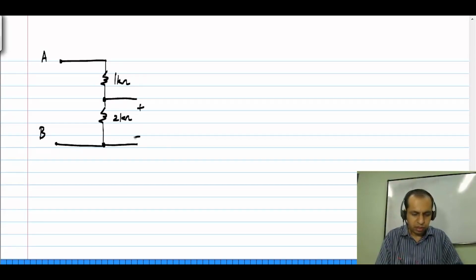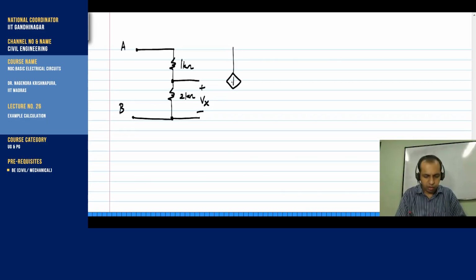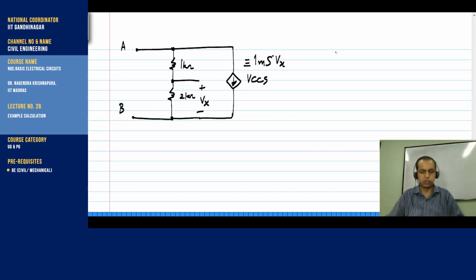Let me define this voltage as Vx, and I'll define a voltage controlled current source, which is 1 millisiemens times Vx.